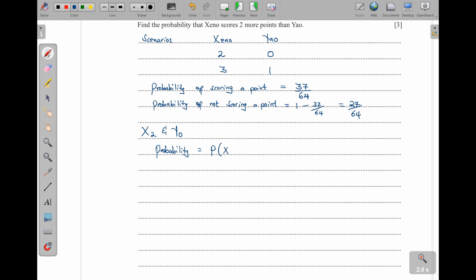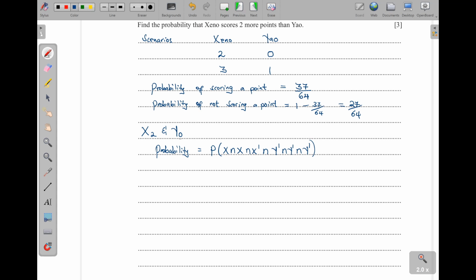So I can have Zeno score a point in the first turn, score a point in the second turn, but fail to score a point on the third turn. Then next we have Yao failing to score on the first turn, failing to score on the second turn, failing to score on the third turn.